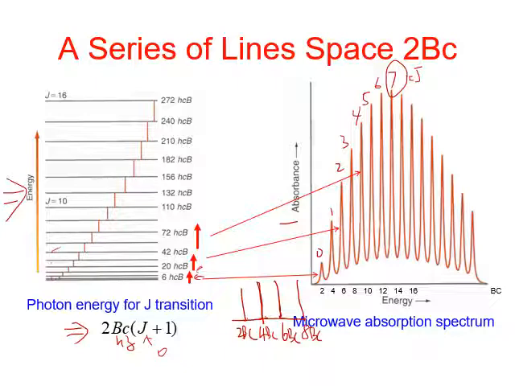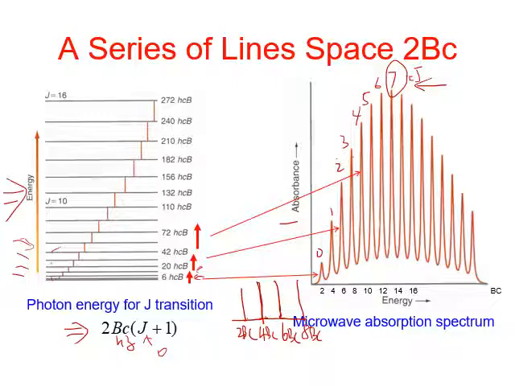So most energy levels can be occupied. However, there's a distribution, and in this case, J equals 7. That energy level has the highest percentage of molecules that occupy it. And therefore, when they absorb light, they give you the highest intensity compared to other energy levels.